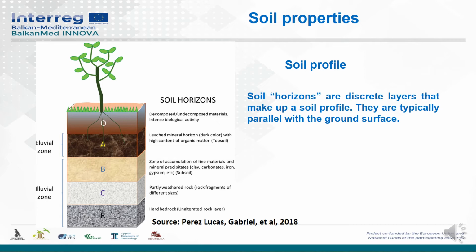Here you have the example of a deep soil where you see most of the horizons of a soil profile. If we look from up down, we start with the first layer, or the first horizon, that is made of decomposed and some undecomposed materials.